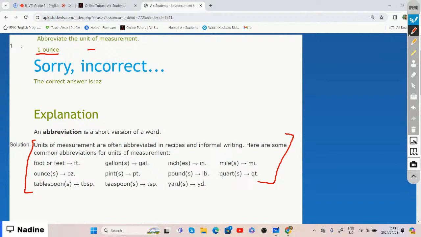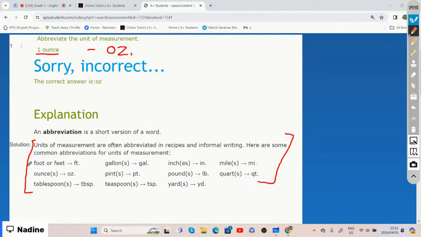All right, then if we are going to abbreviate the units of measurement, ounce is going to be OZ and a period. Okay, right? So that is ounce, which is OZ, and a period.